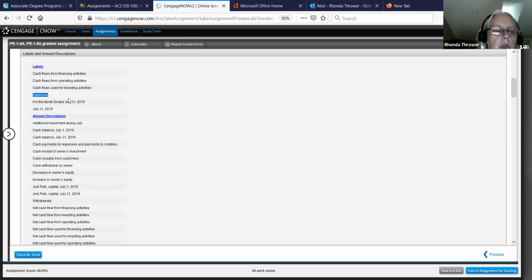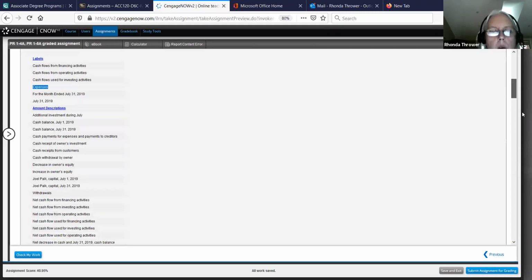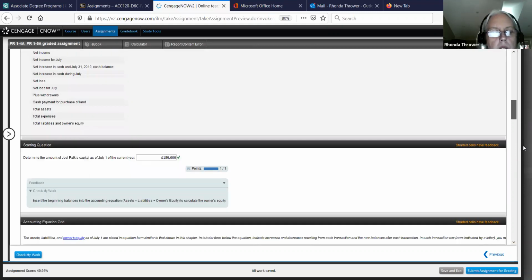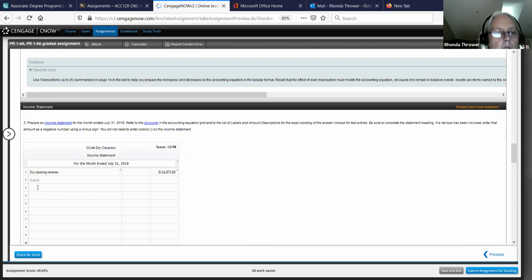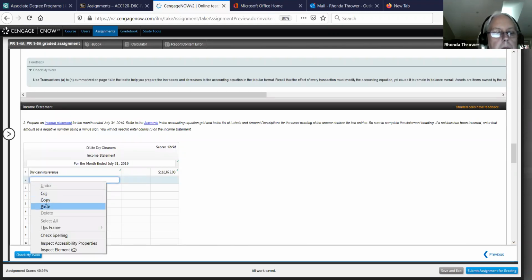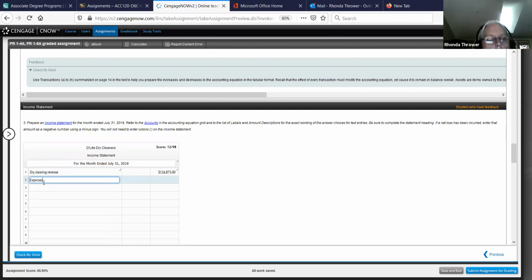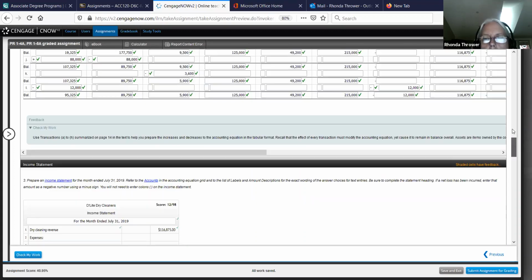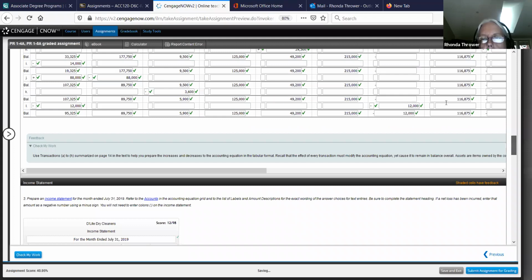On your income statement, you're going to record all of your revenue and all of your expenses. Notice that's a heading, and they're looking for the account. The accounts are the titles of each one of these items here.